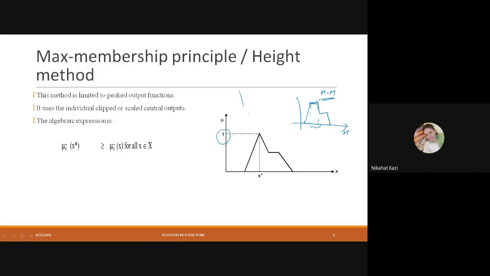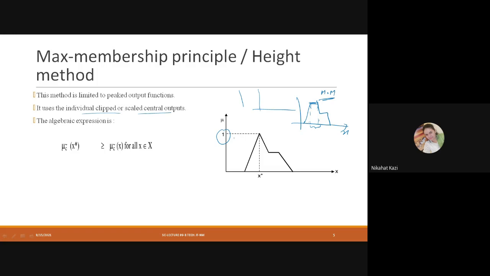It can have anything in between 0 to 1. So that is what it is saying, the clipped or scaled central output. There are central outputs for each of these. The region is actually clipped when you compute it using the fuzzy inference mechanism. There are different inference mechanisms that we'll discuss later, but it is not necessary that you will have it as 1. It can be 0.8 or 0.9, whatever it is.